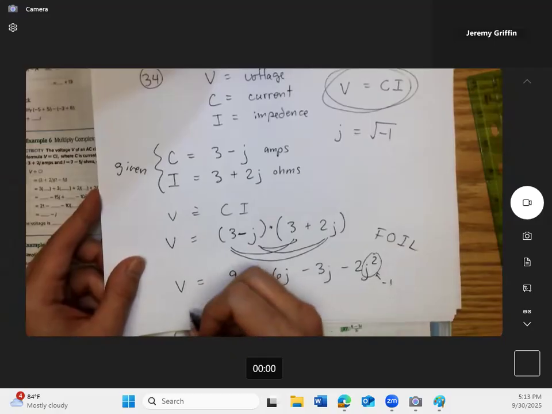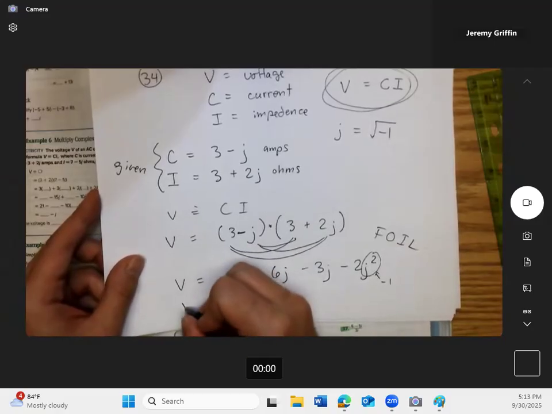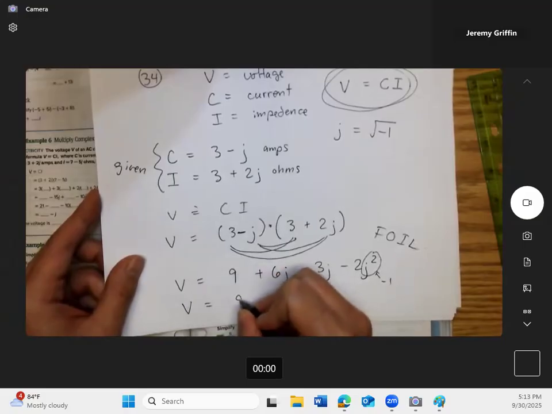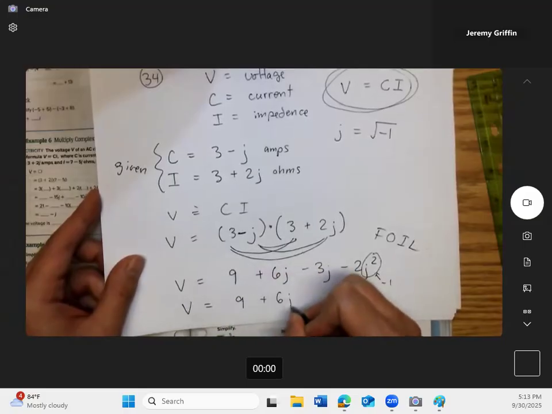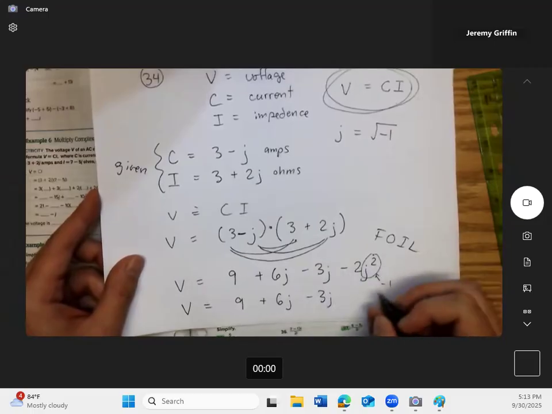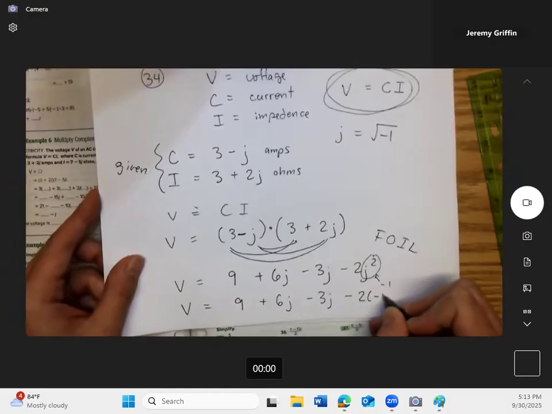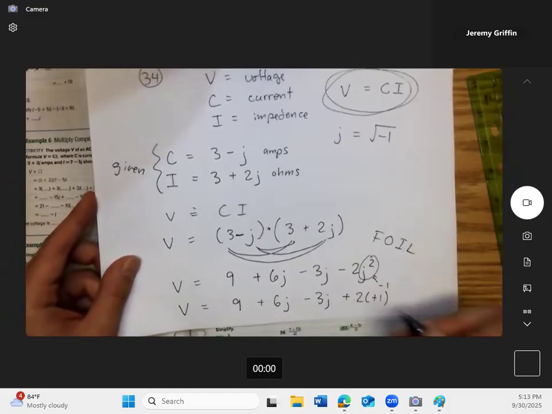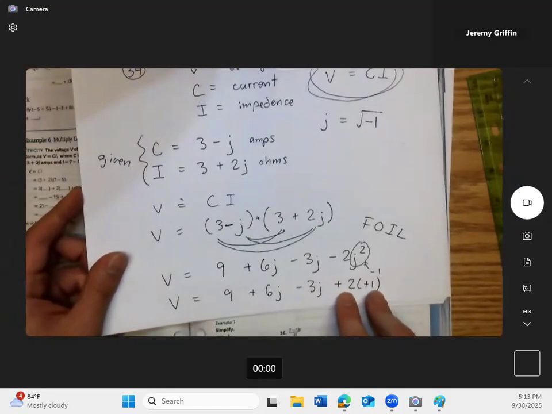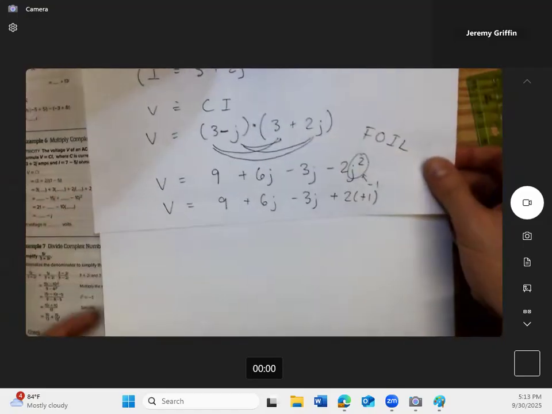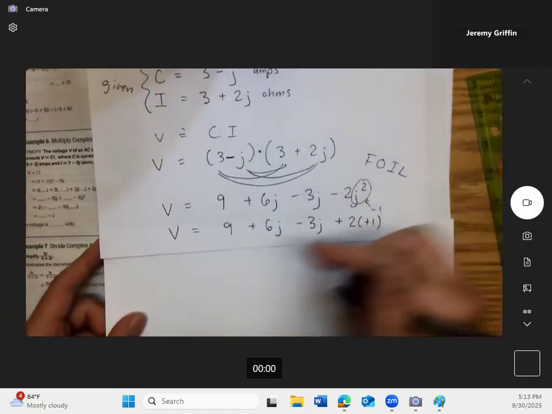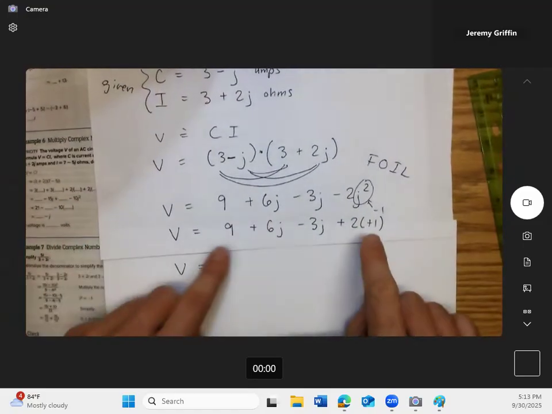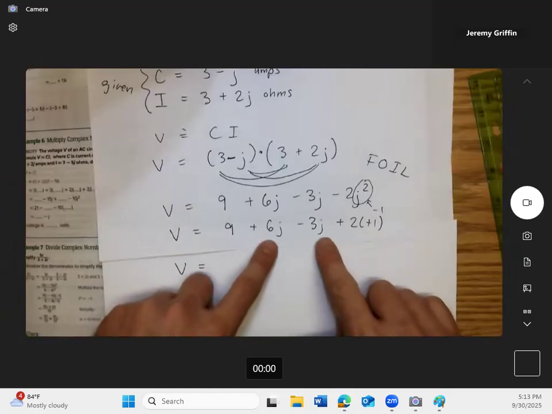Right? So, here, I'll throw in an extra line. So V equals 9 plus 6j minus 3j, then minus 2 times -1, the negatives go away, and it's plus 2. It's the same thing as plus 2. Okay? And last step is going to go voltage equals, I can combine the real numbers, and I can combine the imaginary numbers.